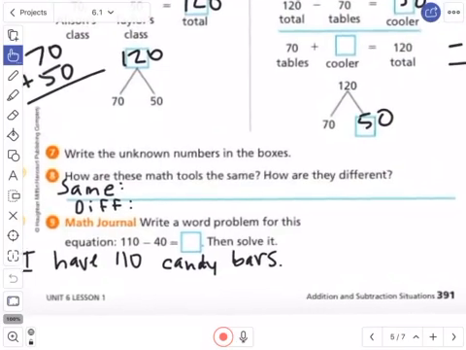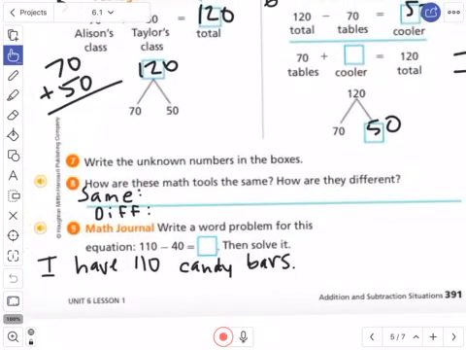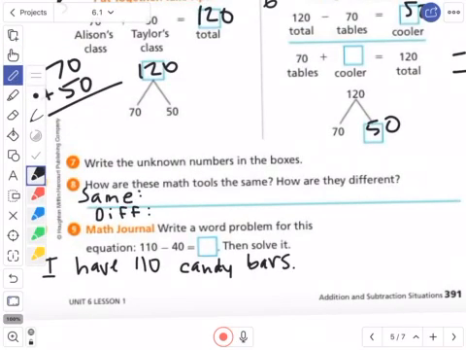Okay. Now, how are they the same? How are they different? I'm going to be really curious to see what you all say for that one. Same, you could say anything like same numbers. They both have add-ins and totals. So that's what I'm going to say.